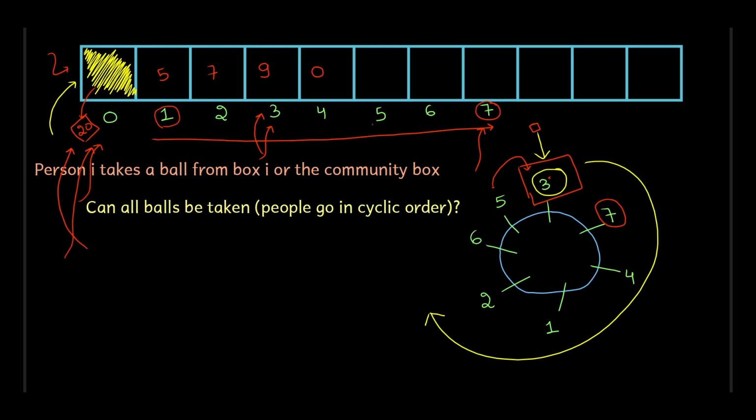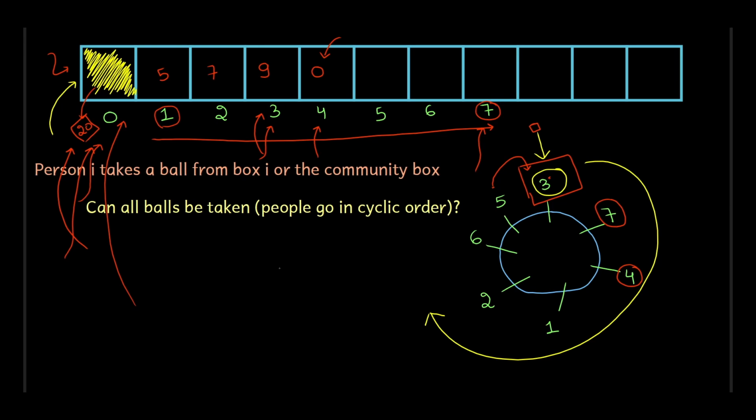Now notice that person number 4 does not have any balls inside their own box. So whenever it is person 4's turn, they always have to select the community box to take a ball out of it.